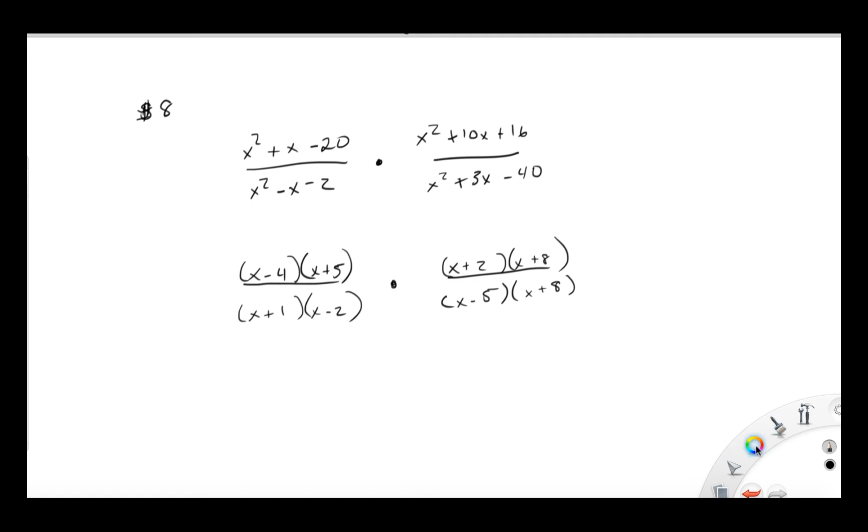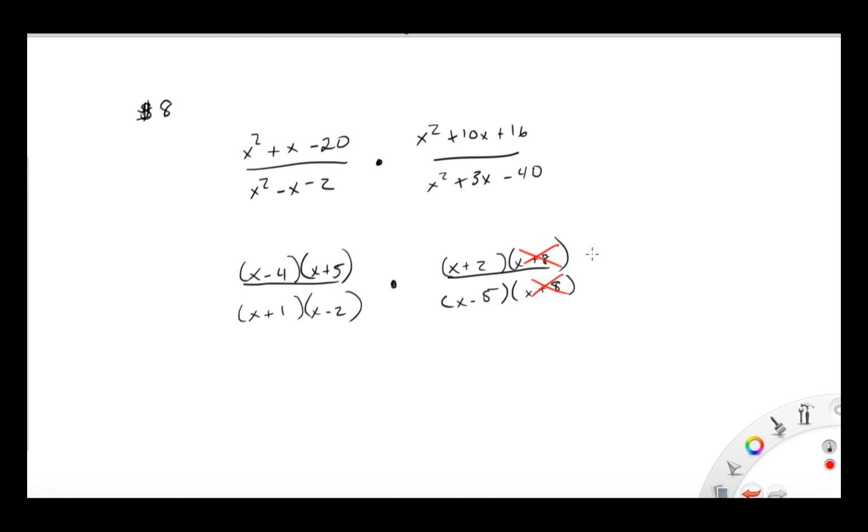All right, now all we have to do is start canceling things out. There's the 8s that match. We've got a negative 4 and a positive 5, plus 1 and a negative 2. That's not going to be able to cancel anything out.